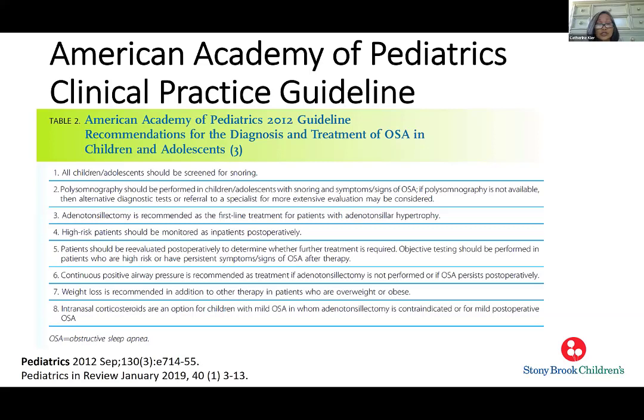Let's just walk through the main messages or points of the practice guideline. So all children and adolescents should be screened for snoring, and sleep studies should be performed for those with symptoms. If a sleep study is not available, then consider an alternative diagnostic test or refer to a sleep specialist.